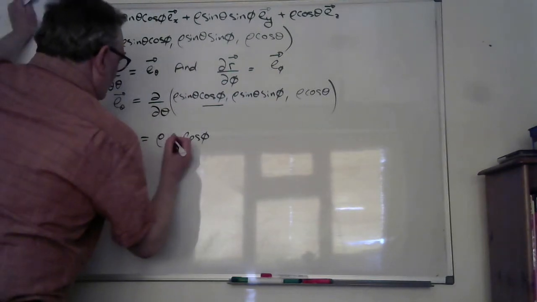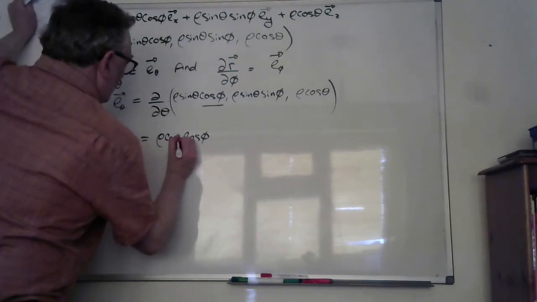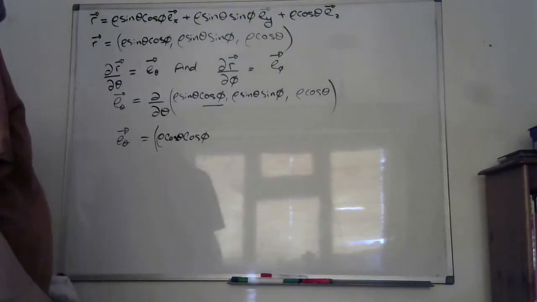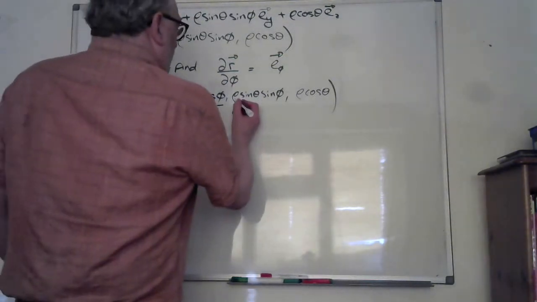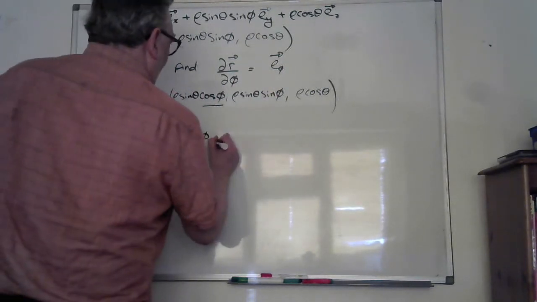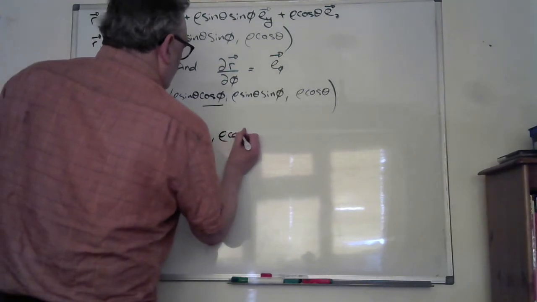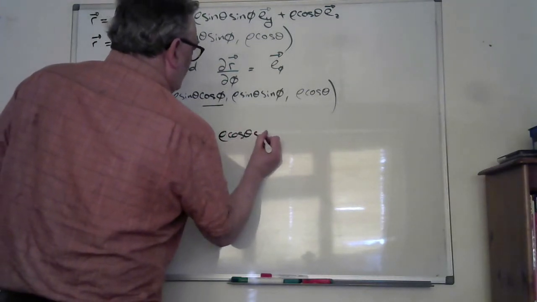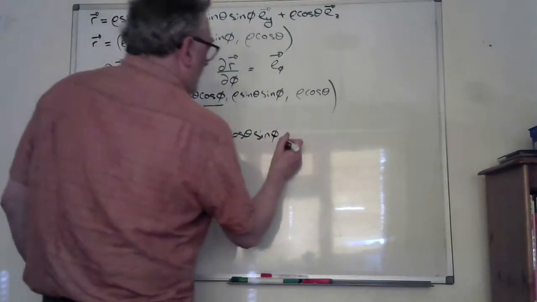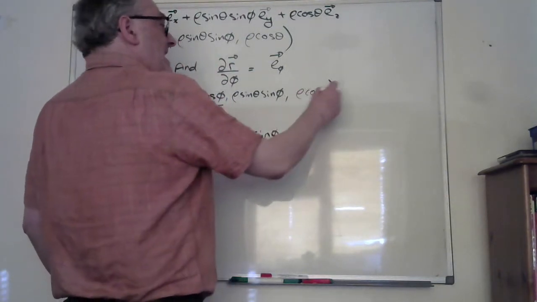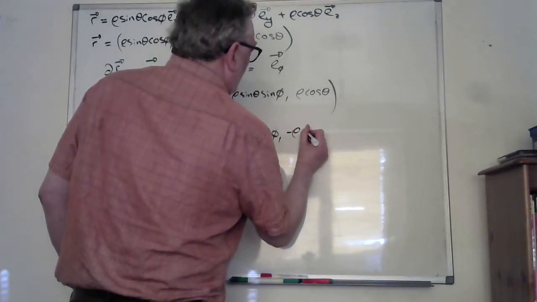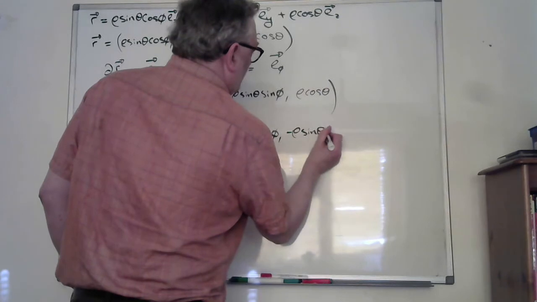And what you get is rho cos theta in the new vector. Differentiating this similarly with respect to theta, we get rho cos theta, and the sine phi stays alone. And this differentiates to minus rho sine theta.